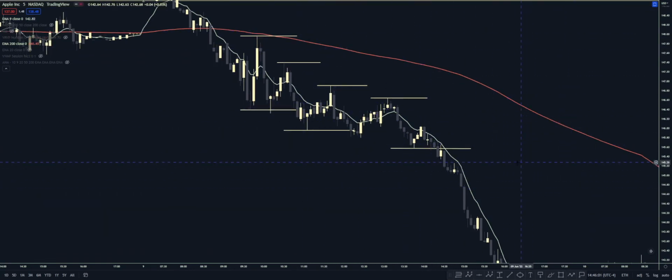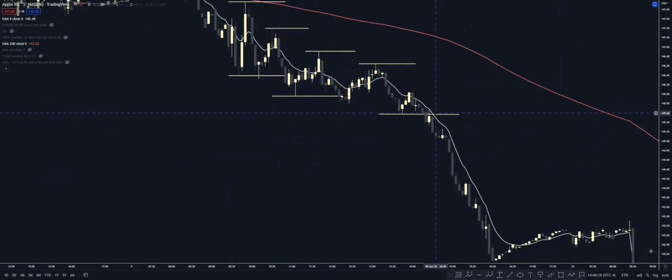Not only are they going to help you identify the trend for the day, with higher lows setting in or lower lows continuously being set, which is indicative of a clear trend. We were in a clear downtrend all day, and then we get a really aggressive move around 2:30.